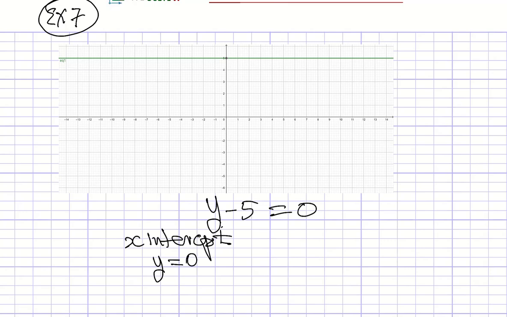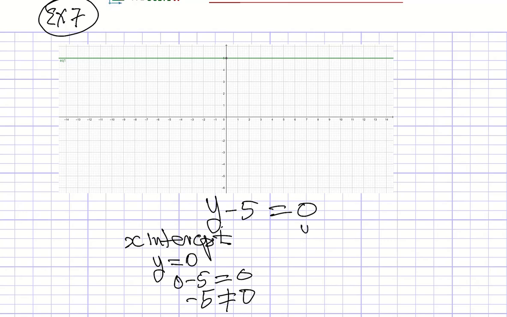But notice there is no x in the equation. So if you set y equal to 0, you get 0 minus 5 equals 0. Minus 5 is not equal to 0. So that's why there is no x-intercept.